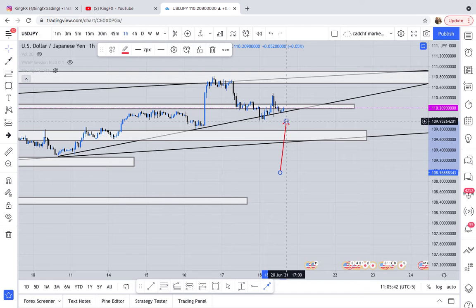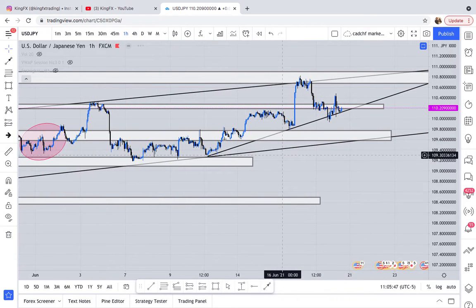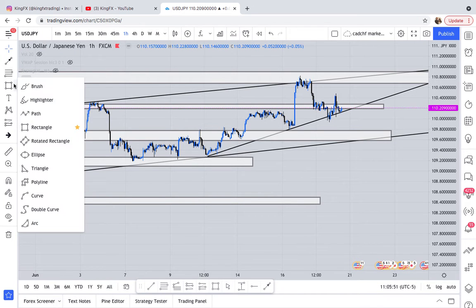We just have to wait and see how the market wants to move. But here's how we would trade everything.